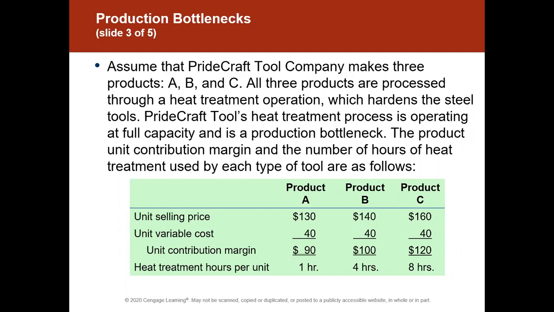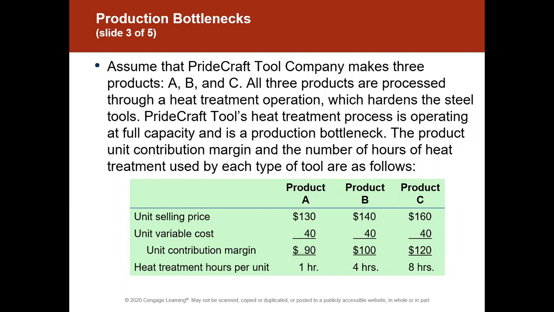So sometimes the way that we'll look at this, instead of just contribution margin, we'll say, what's the contribution margin per constrained unit of resource? So if heat treatment hours is our constrained unit, we can say that this one's making $90 of contribution margin per hour of heat treatment, whereas this one's making $25 per hour, and this one's making even less than that, right?